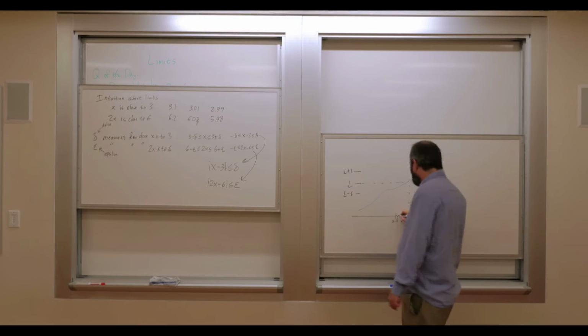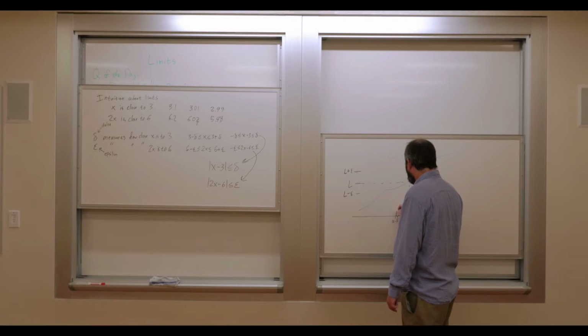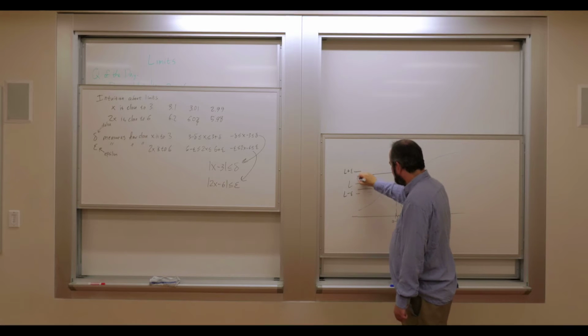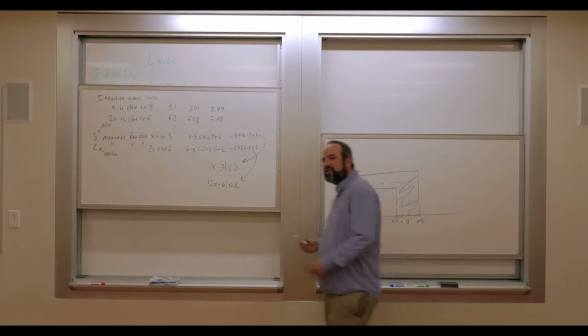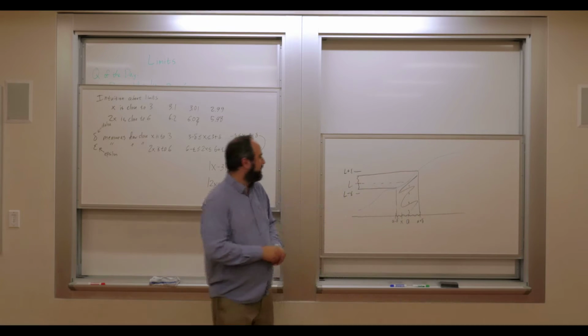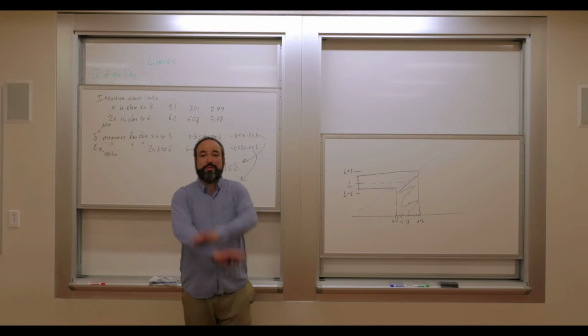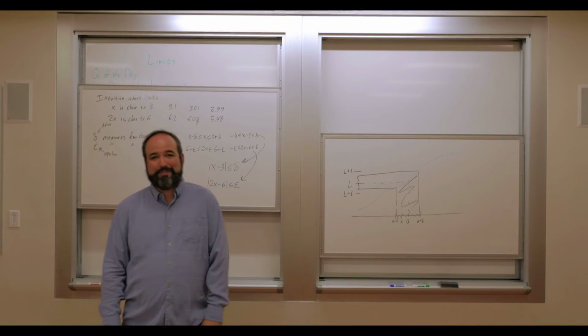So if I pick any x value in here and I project it upwards and then over, I want all of those values to fall between L minus epsilon and L plus epsilon, no matter how small I make epsilon.